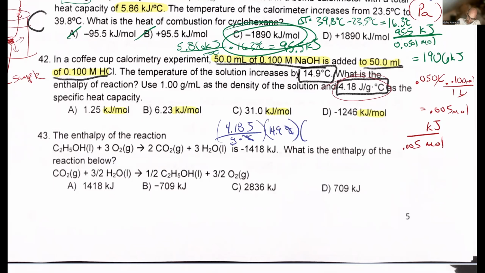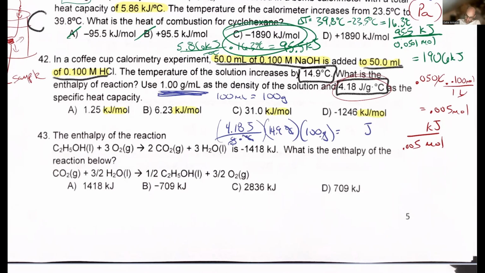Next up, I need grams to go away. Well, this little section where it says density, we have 100 mils of water, which is equal to, in this case, because it's 1-to-1, 100 grams of water, because the water is what we're seeing the temperature increase in. So 100 grams of water, grams cancels, and we're left with joules of energy. Look out for this in the end.